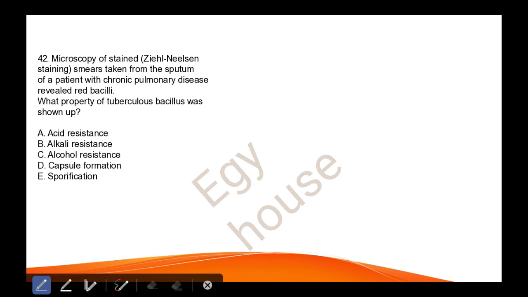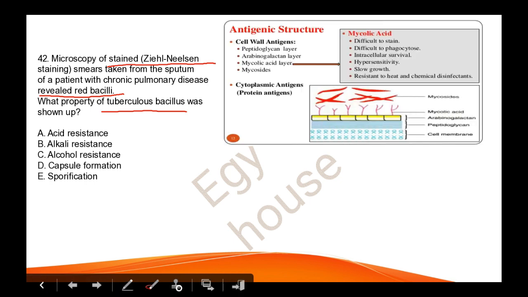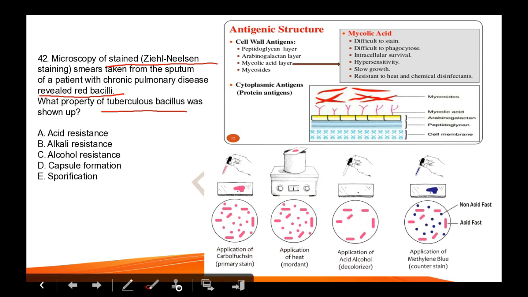Here we used the Ziehl-Neelsen stain to reveal the red bacilli of the tuberculous bacillus. We need this test to identify the acid-resistant bacteria. The acid-resistant bacteria have heavy chains of waxes and lipids that prevent the mycolic acid layer from being stained.